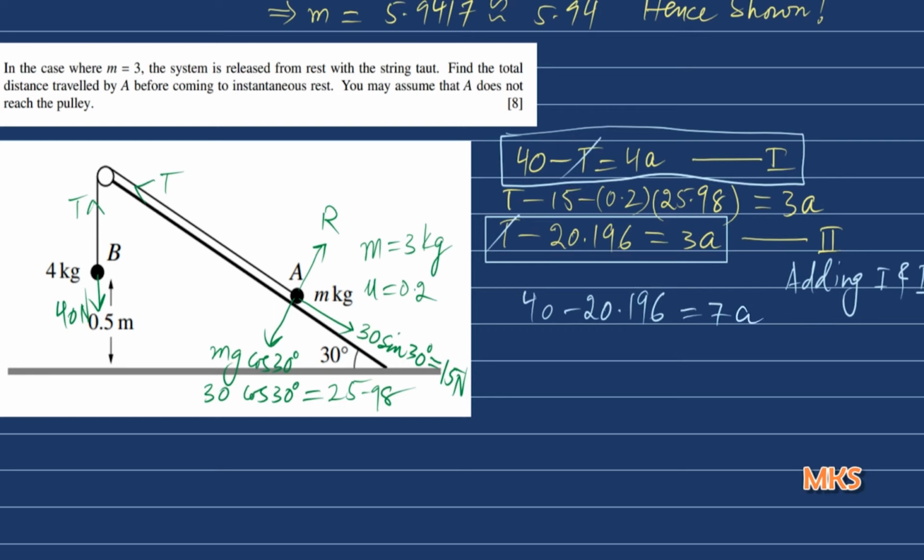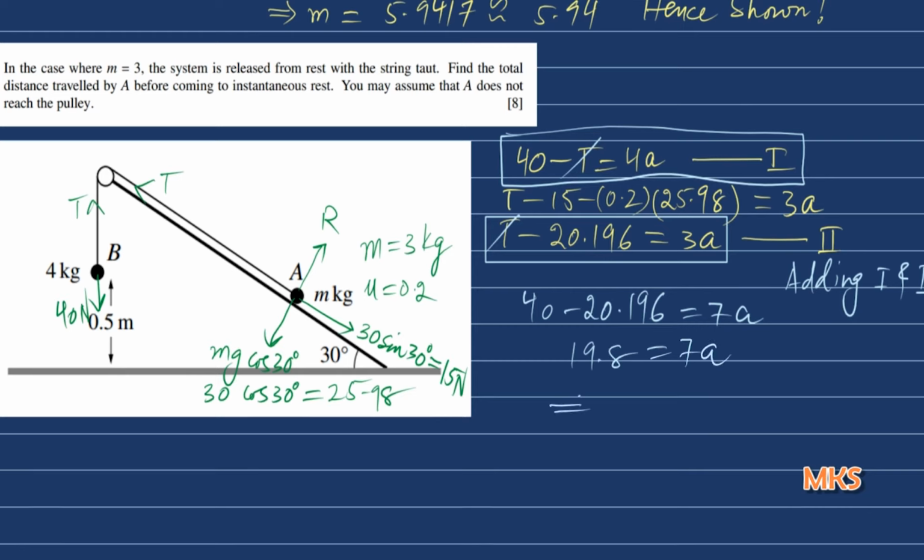So 40 minus 20.196 is equal to 19.8031. So that is 19.8 is equal to 7a.